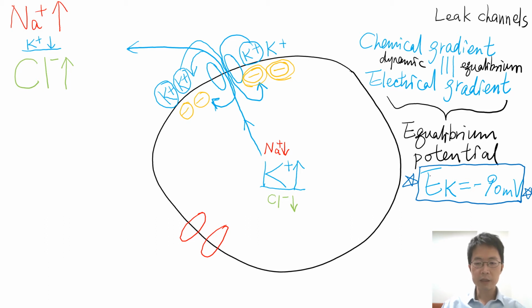Sodium will have a tendency to go from outside to inside. But like the potassium, it won't go farther away. It will stay at the membrane, inside of the cell. Okay.